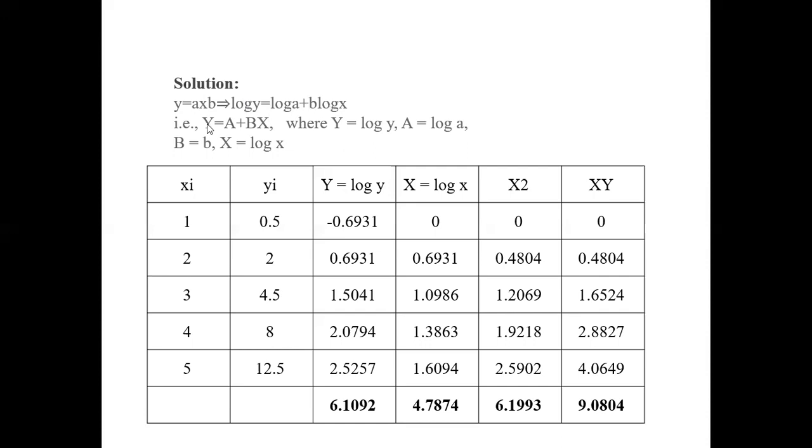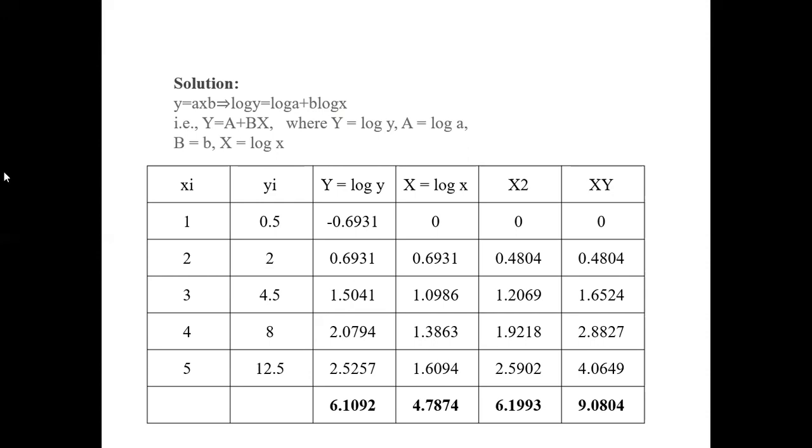And the normal equation of straight line is y is equal to a plus bx, where y is log y, the value of a is log a, small b is equal to capital B, and x is equal to log x.